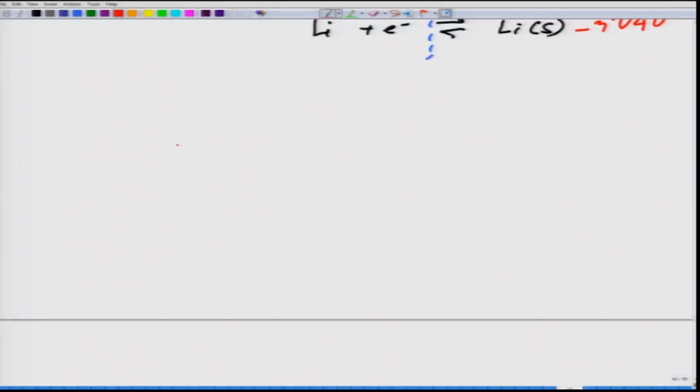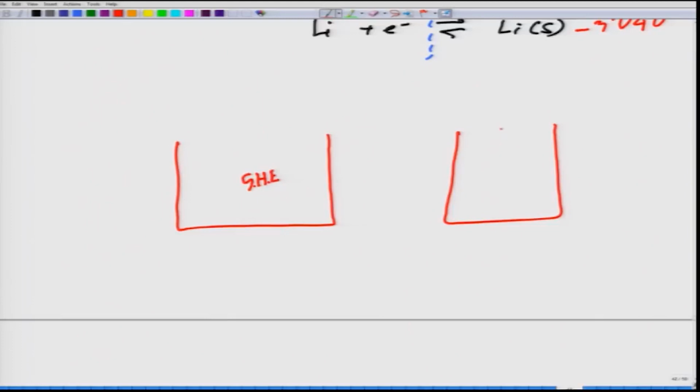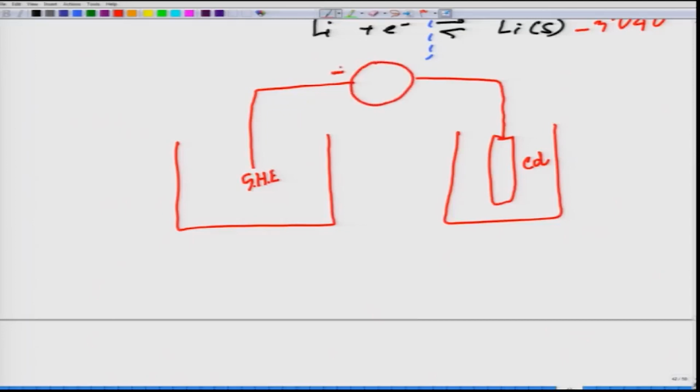On this side we have the standard hydrogen electrode, SHE, and on this side, this is the half cell, we have the cadmium electrode. Now we wanted to measure the cadmium. The standard hydrogen electrode is attached to the negative terminal of the potentiometer, and this is the positive side.